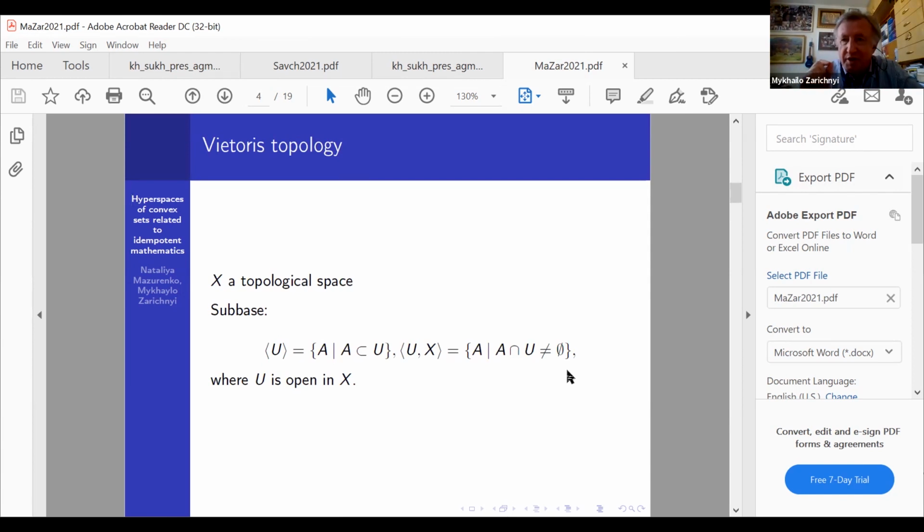This is the correct pronunciation, Vietoris. So given the topological space, we consider the following subsets of the hyperspace. First of all, the set of A which are contained in U. And the set of the following sets: A intersection with U is not empty.